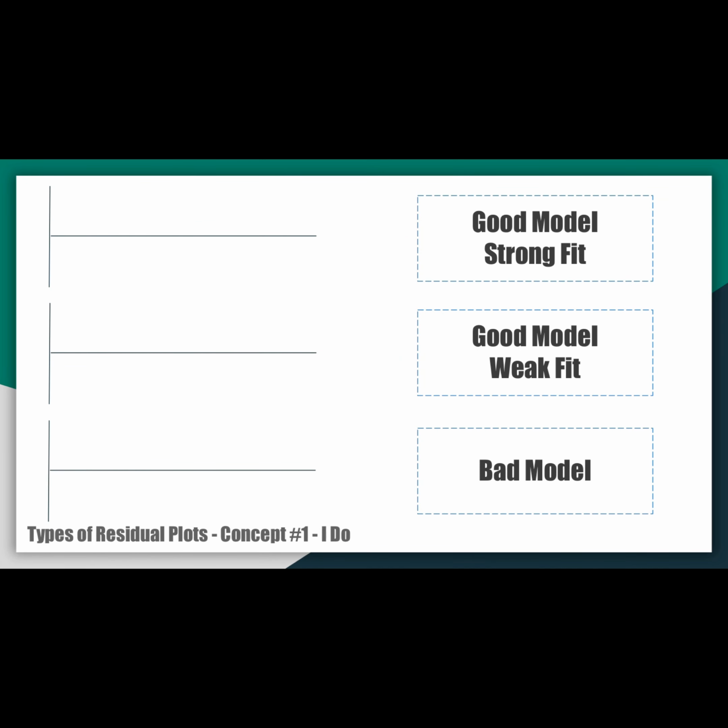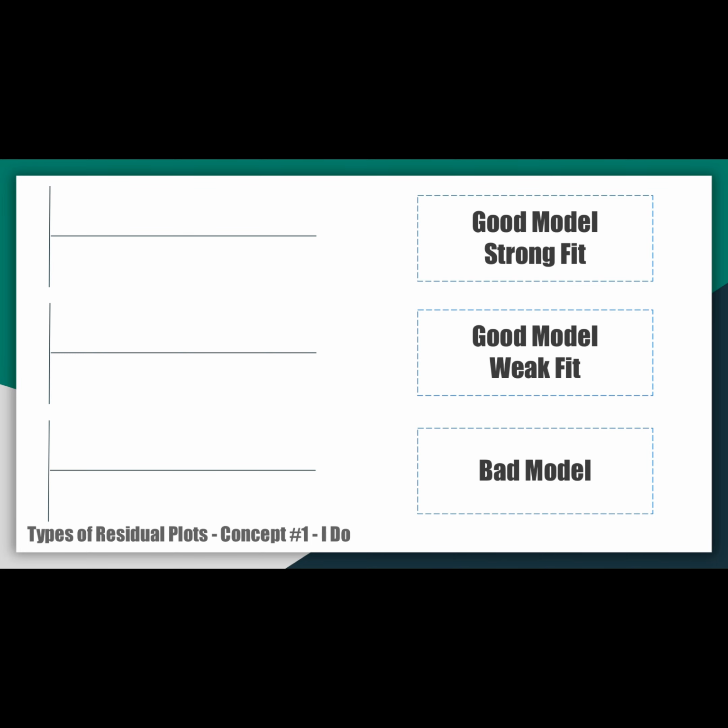Now, if we were to make a residual plot, what would it be telling us? We have three situations: a good model and a strong fit, a good model and a weak fit, and a bad model. A good model with strong fit and a good model with weak fit are really close, but they should stand out.